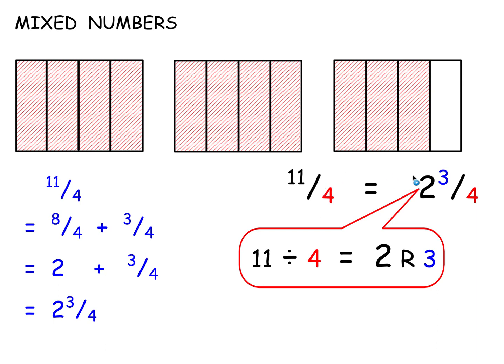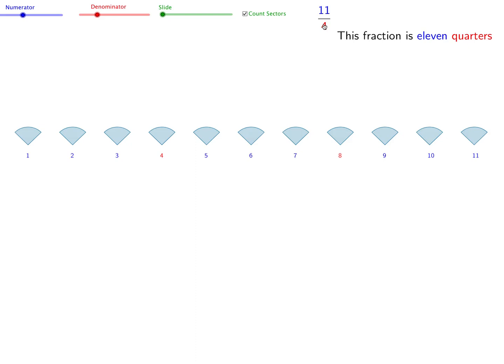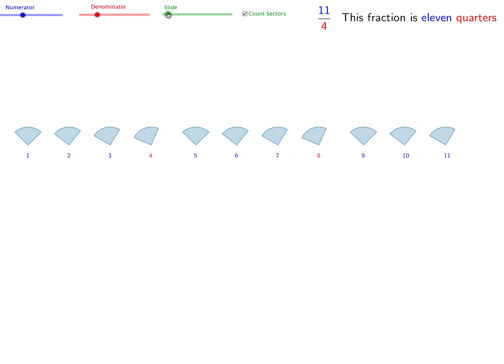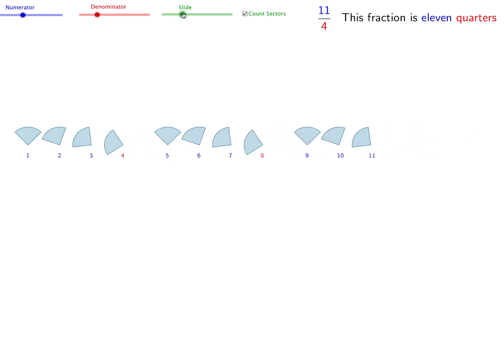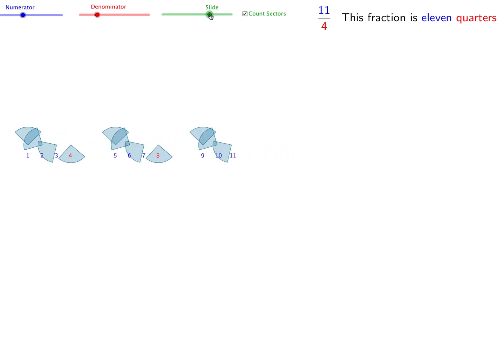fractions. There's another illustration here of what we have. Here's 11 quarters, so there's 11 quarters of a cake, if you like. So that's 11 quarters. And if I bring these together, every 4 pieces coming together makes a whole circle, whole cake.